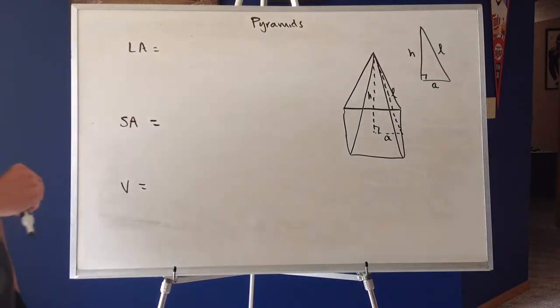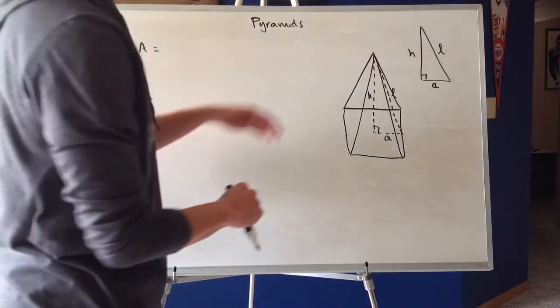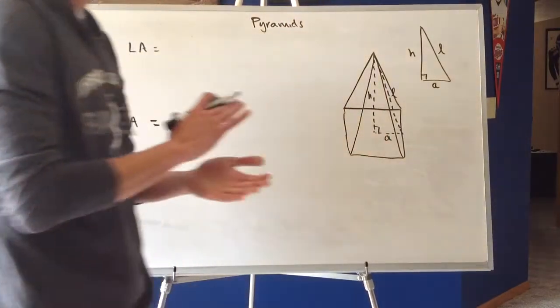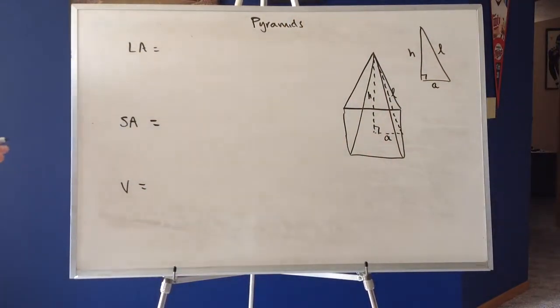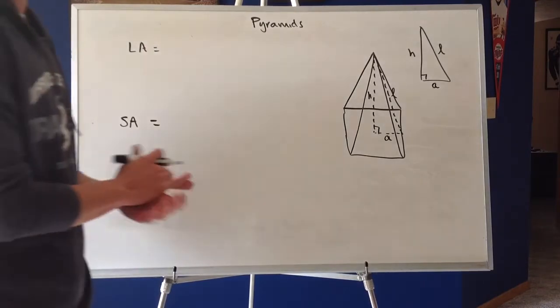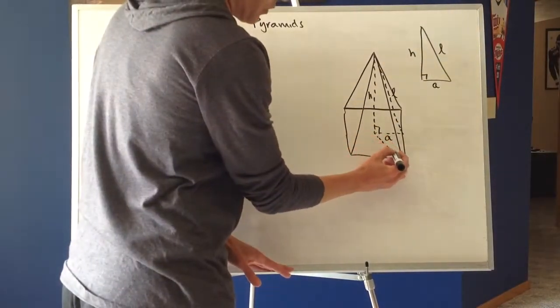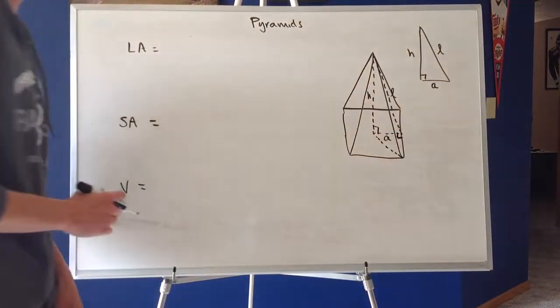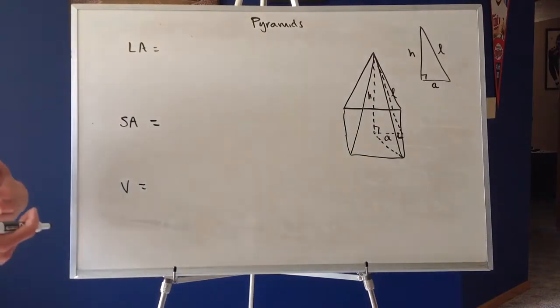Okay, the other important thing when you're working with these is you're also going to have to work with the triangles that we worked with when we were working with the apothem back in chapter 11. Okay, so we're also going to have to work with this one that is down here on the base as well. Okay, and if you remember, we can find the measurements for that one.